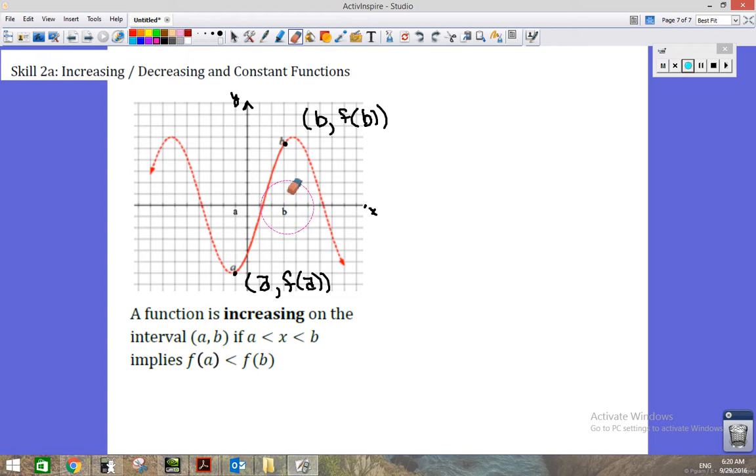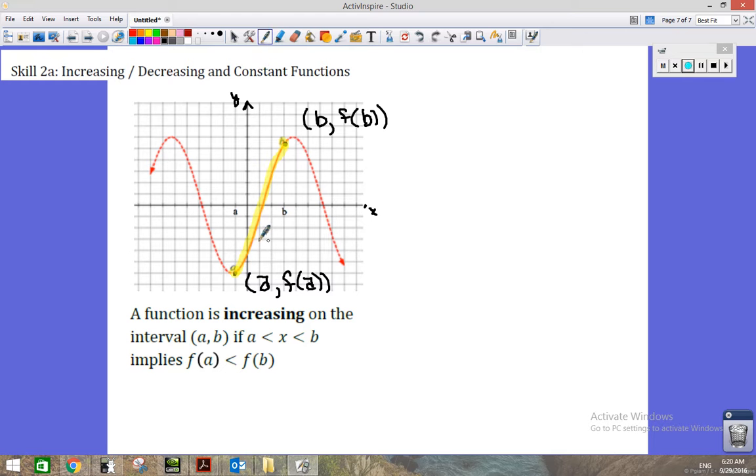To make things simpler, think back in the days when you took Algebra 1 and you calculated the slope of a line. Given 2 points, you subtracted the y coordinates to get the rise, and you divided it by subtracting the x coordinates, the run, rise over run. If the rise over run between any 2 points in this open interval from a to b is a positive slope, the function is increasing.